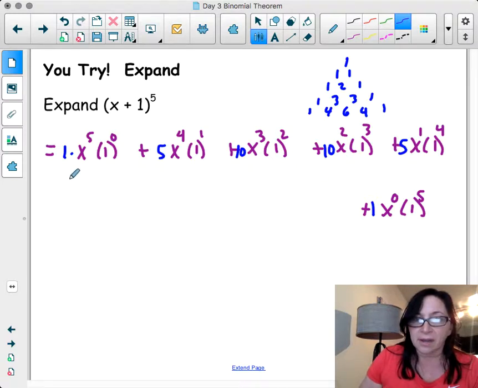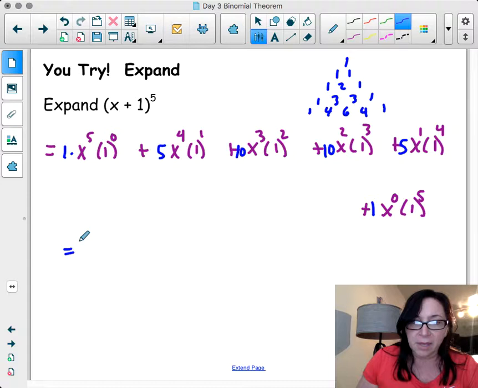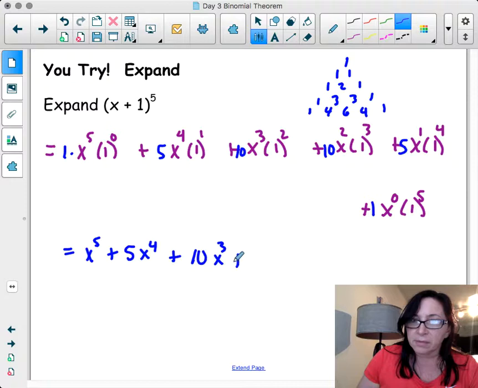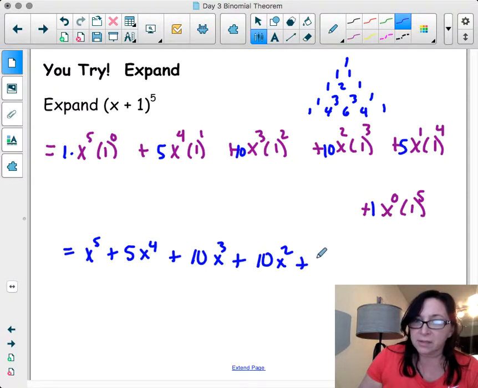So when it's all said and done, my expansion, this binomial theorem, binomial meaning 2, is going to be x to the 5th plus 5x to the 4th plus 10x cubed plus 10x squared plus 5x plus 1.